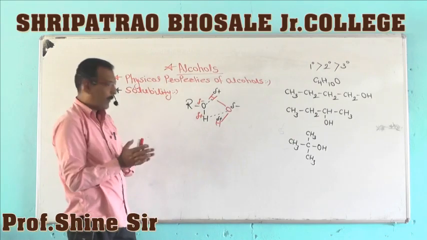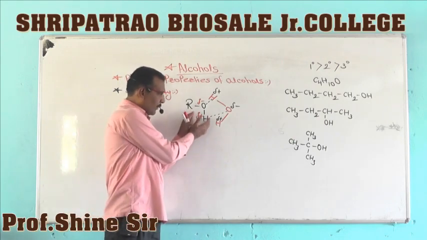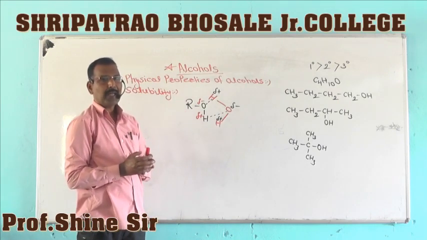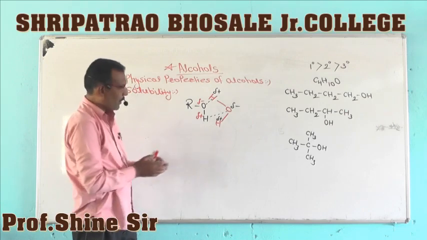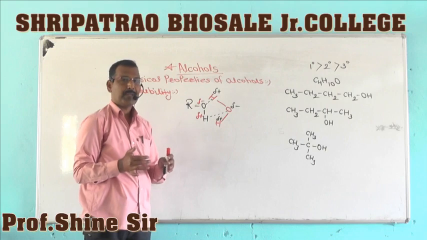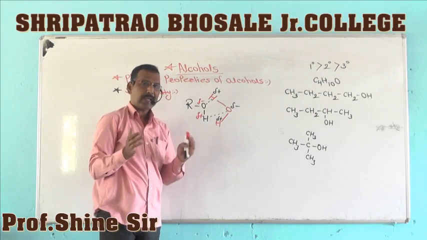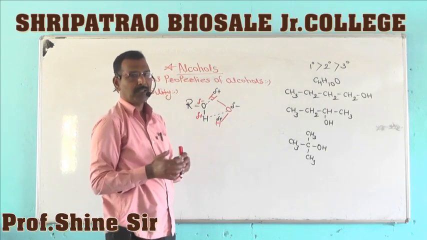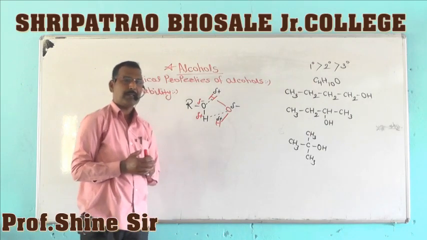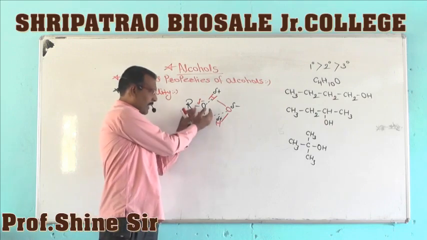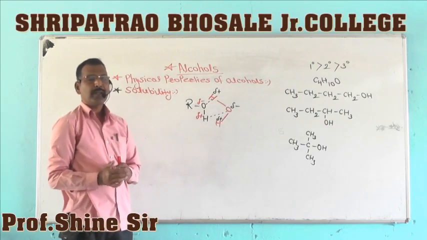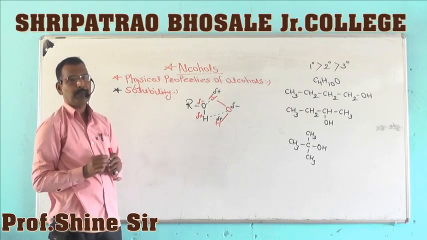One part is involved in bond formation with water molecules. That part is called the hydrophilic part, the water-loving part. As you say, aquatic plants, hydrilla for example, are hydrophilic plants. That means the part which takes part in bond formation with water molecules is called the hydrophilic part.